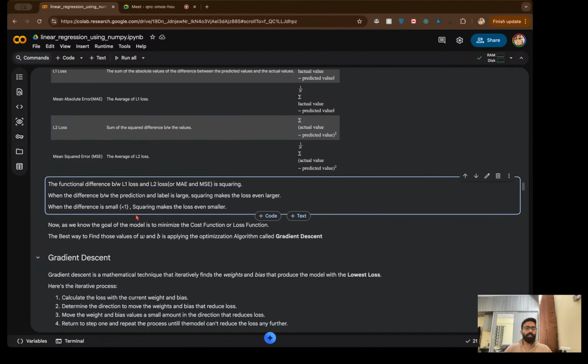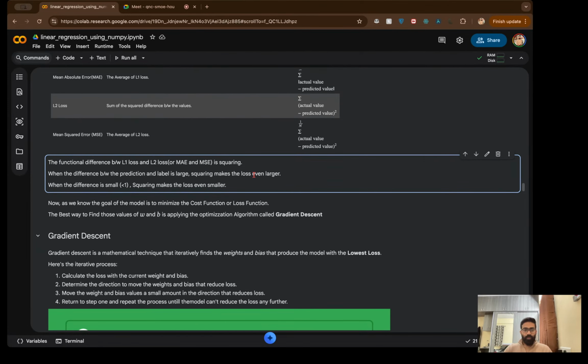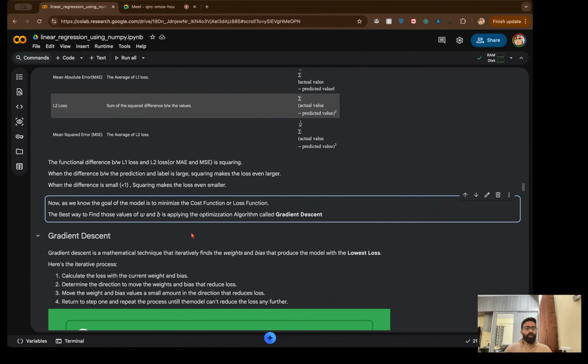Okay, yani ki less than 1. Okay. Now, as we know, the goal of the model is to minimize the cost function or loss function. The best way to find those values of W and B is applying the optimization algorithm called gradient descent. Now we can talk about gradient descent.